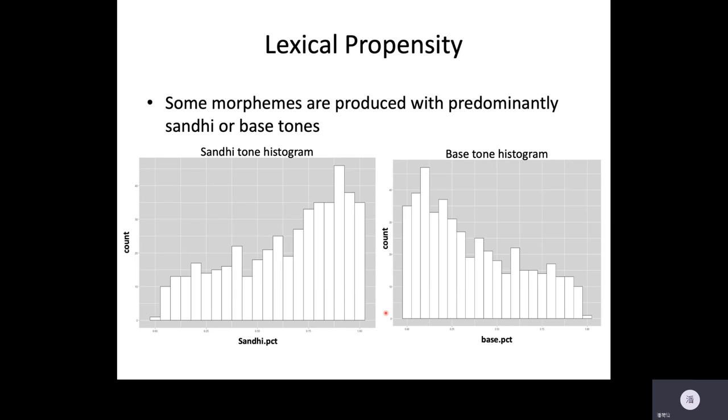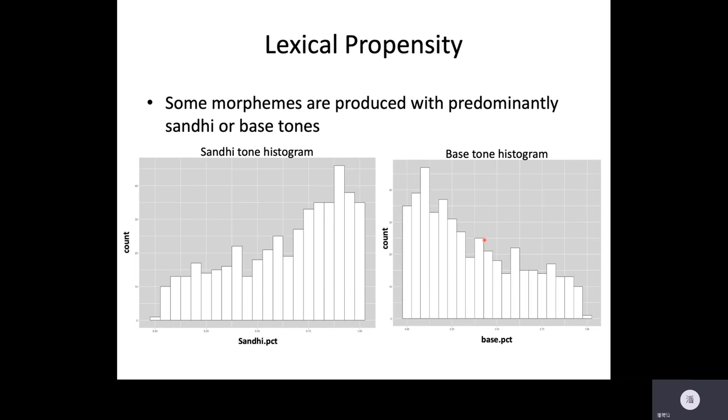Next, we will further analyze the lexical propensity effect. Here are two histograms of morphemes produced with Sandhi tones on the left and base tone on the right. As we can tell here, there are many morphemes that are produced with a high percentage of Sandhi tones.